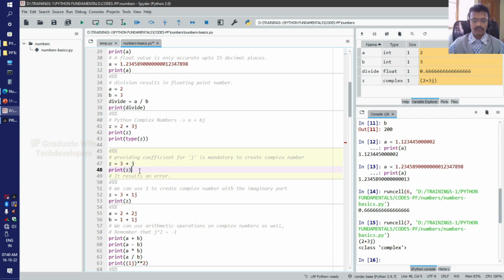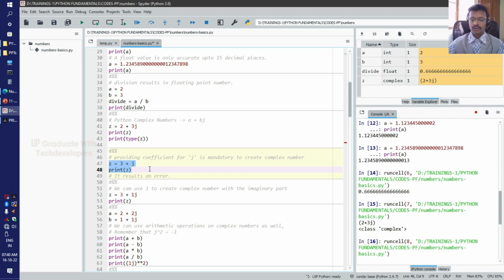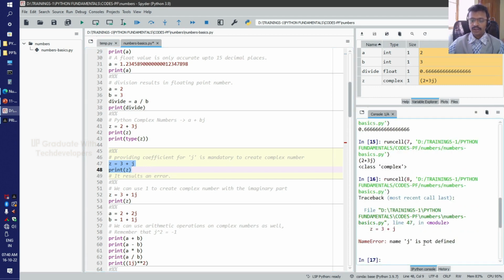Let us look at here. The interpreter is not showing an error, but after evaluating this program, we will get an error: name j is not defined. So it will treat this j just as a variable, and it will give an error as j is not defined, a name error.